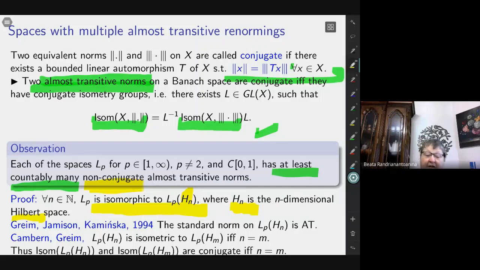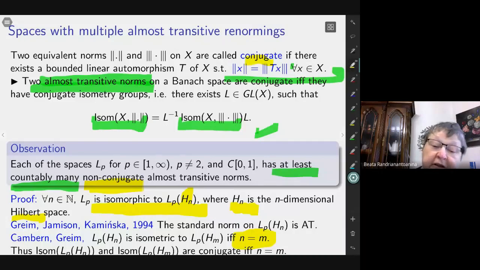And by the result of Graham, Jamison, and Kaminska, since Hn is transitive, LP of Hn is almost transitive. And there is a result of Camburn and Graham, also classical, that those two spaces are isometric if and only if n and m are the same dimension.